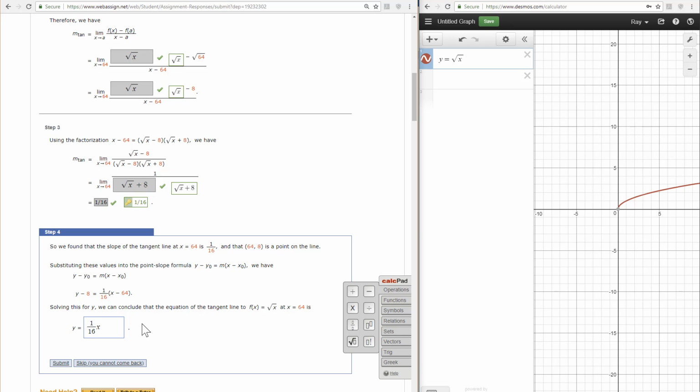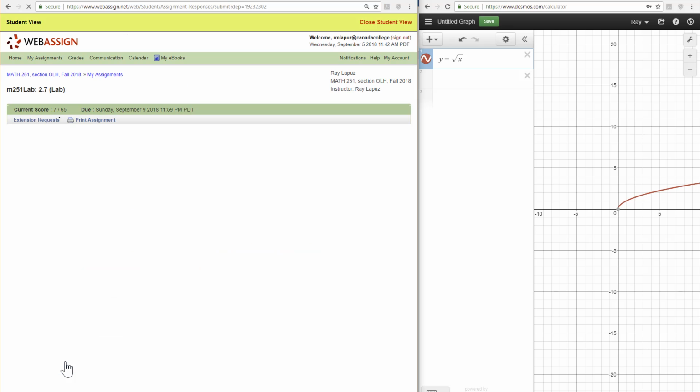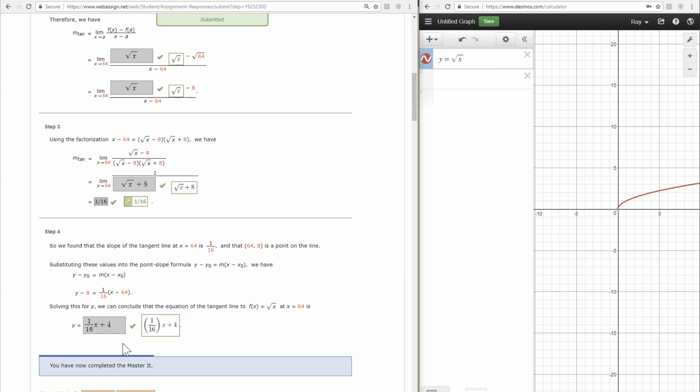So minus 4 plus 8 is plus 4. Some people do the y equals mx plus b approach, and you can find it that way as well.